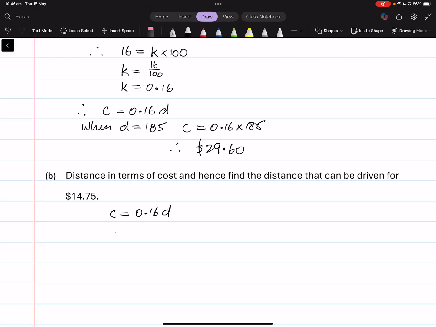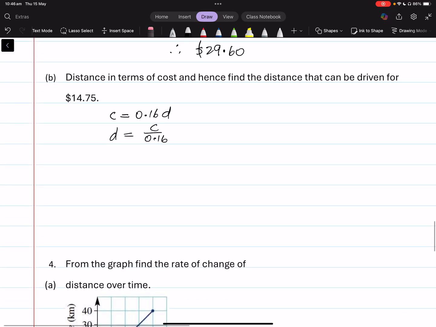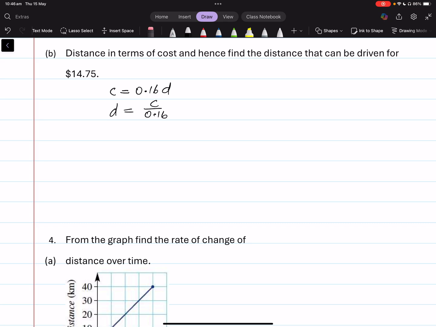So if I want the distance, if I divide both sides by 0.16, it will be the cost divided by 0.16. So there is a formula. I've changed the subject of that formula to be D. So there is the distance in terms of the cost.